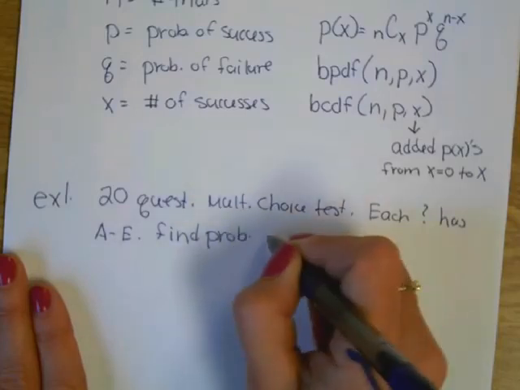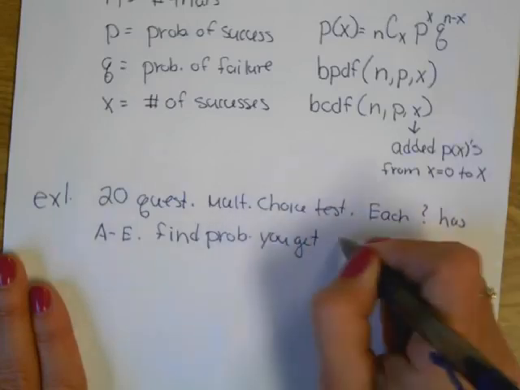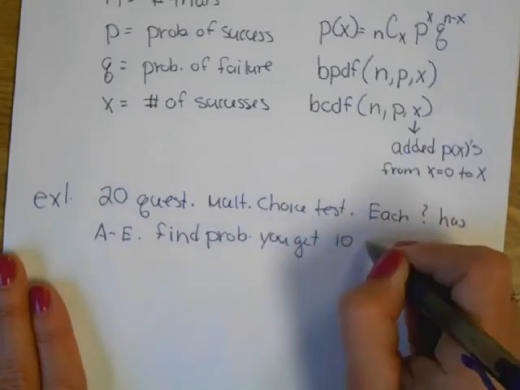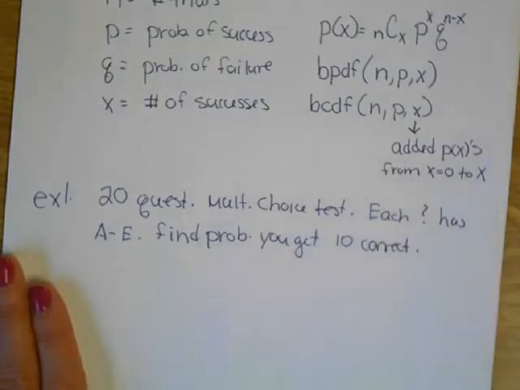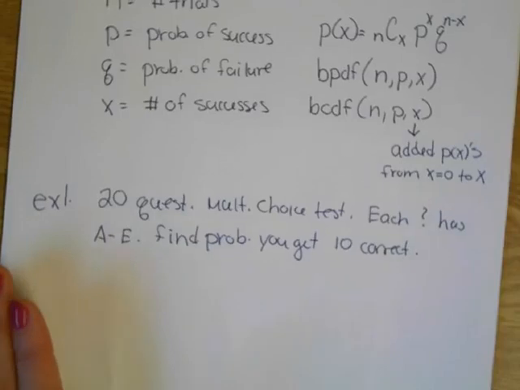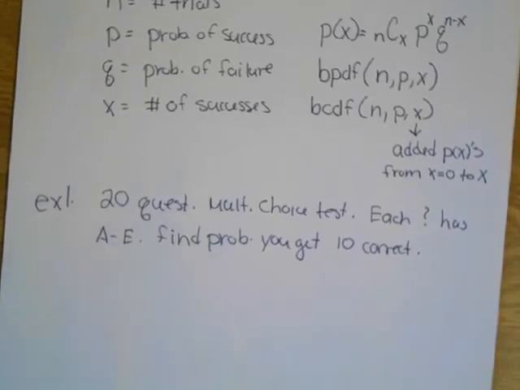Find the probability that you get exactly 10 correct. So we'll start with an easy one. And let's do this one with technology, because it'll be a little quicker, because I want to get to the meat of the lesson here.